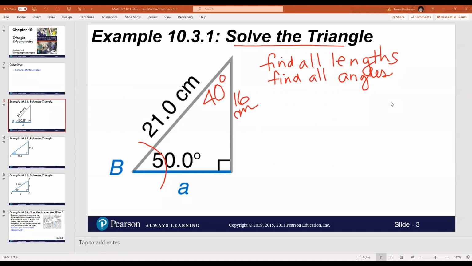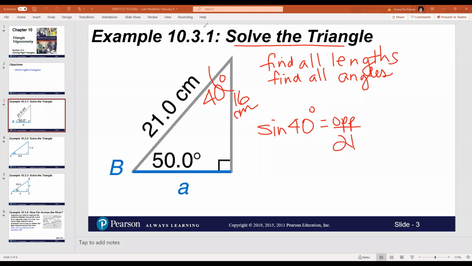I really have more information now than I need, but I could consider in relation to that 40-degree angle, for example, I could use sine again. I could say, well, sine of 40 degrees has to be opposite over hypotenuse. Hypotenuse in this case is still 21.